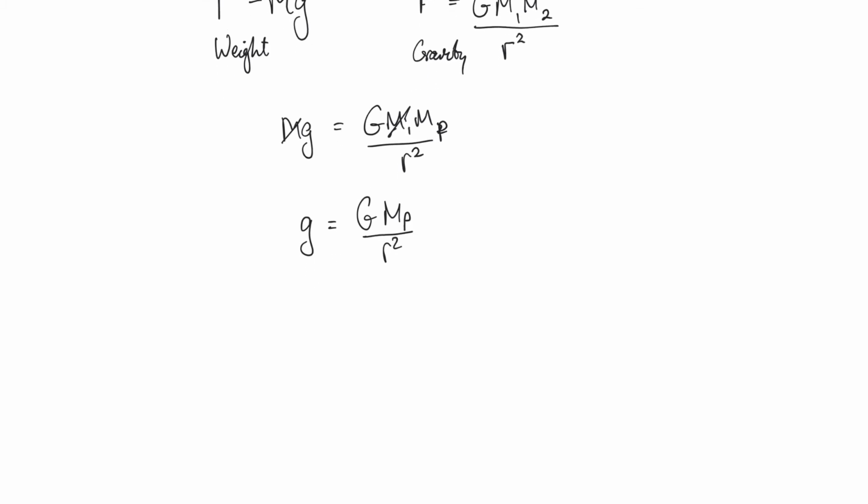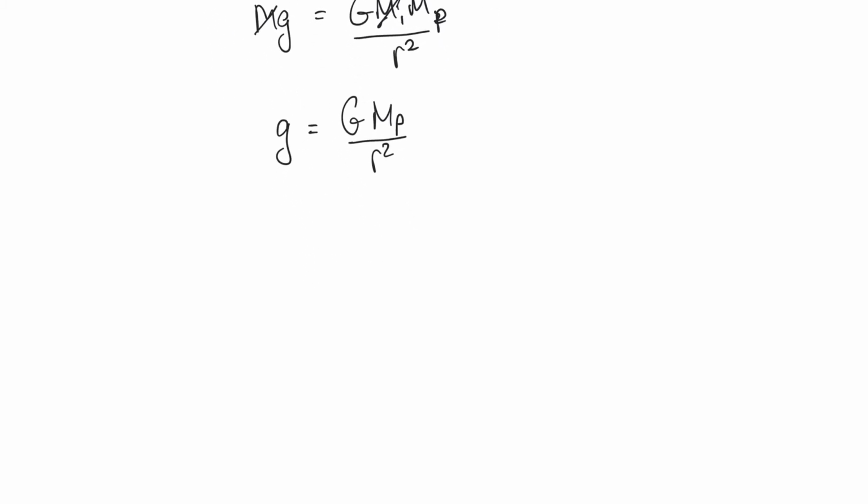So if we have Earth, we get a known value of 9.8 or 9.80, depending on the values put in for the various parts of this equation. On other planets, we can use that value for Earth in the following way.